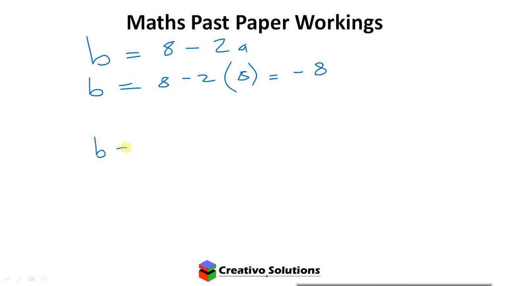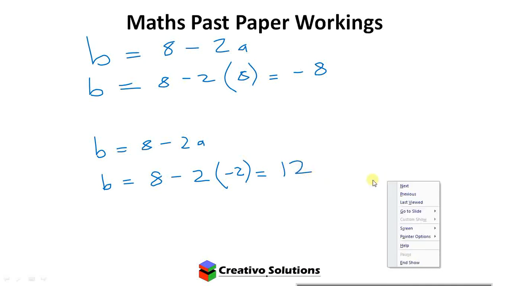Then B equals 8 minus 2A. B equals 8 minus 2 times A, and A is minus 2. Minus 2 times minus 2 is plus 4. 8 plus 4 is 12. There we go. So let's just sum up.